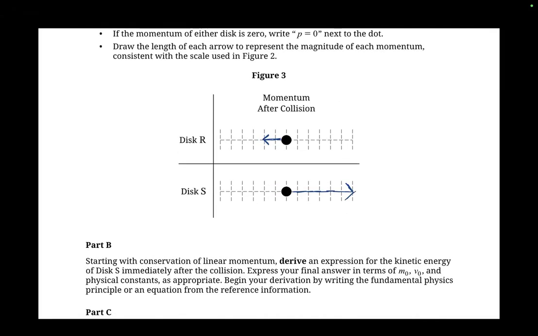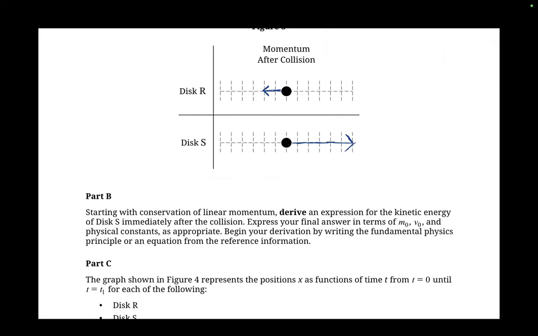Okay. Part B. Starting with conservation of linear momentum, derive an expression for the kinetic energy of disk S immediately after the collision in terms of m naught, v naught, and physical constants. All right. So we'll start with conservation of momentum.